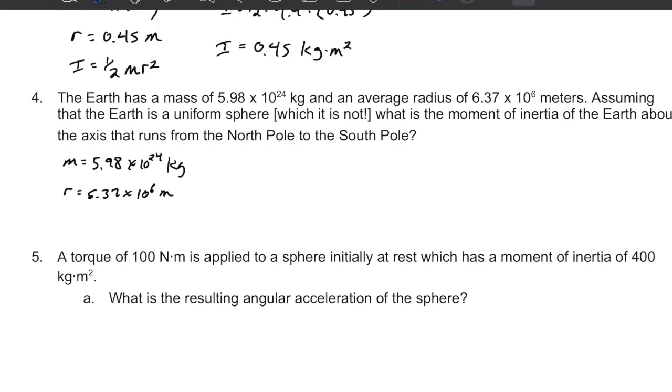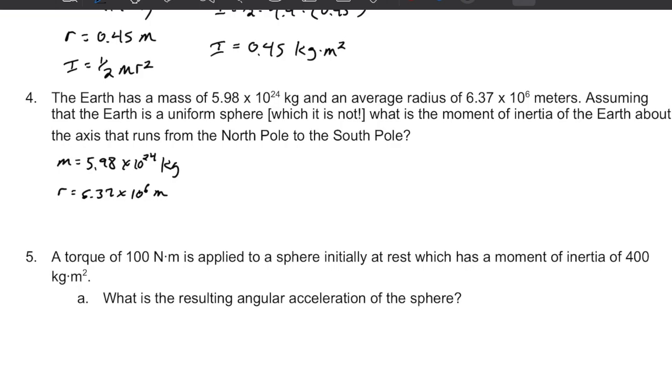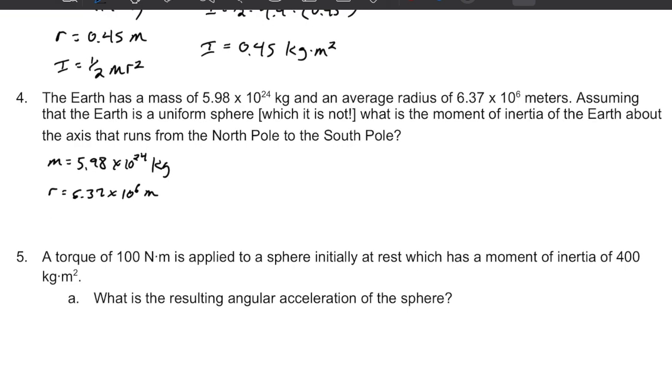Since this is a sphere, again, we have I is equal to 2/5 mr squared. They gave us the mass of 5.98 times 10 to the 24th, and they gave us the radius at 6.37 times 10 to the 6. We've summarized that in the margins, making it much easier for us. In our calculator, we will take 2/5 times the mass of 5.98 times 10 to the 24th times open parentheses 6.37, either times 10 to the 6th power or that second EE6, close parentheses, and then square it.